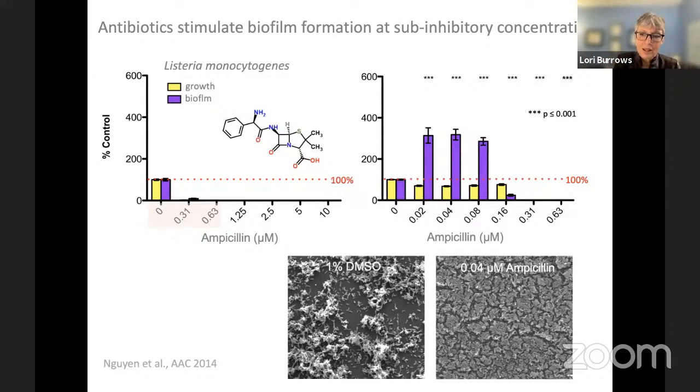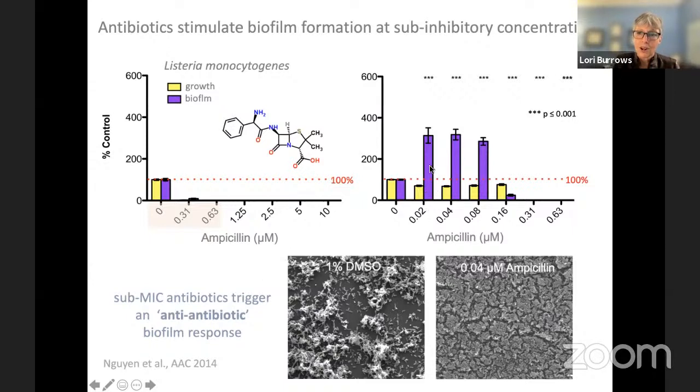So we concluded from doing this work and some other work that if the antibiotics are below the MIC, so below the minimal inhibitory concentration that you need to kill the cells, which is about 0.3 for this particular drug, it triggers what I call an anti-antibiotic response, right? So biofilms are protecting the bacteria.